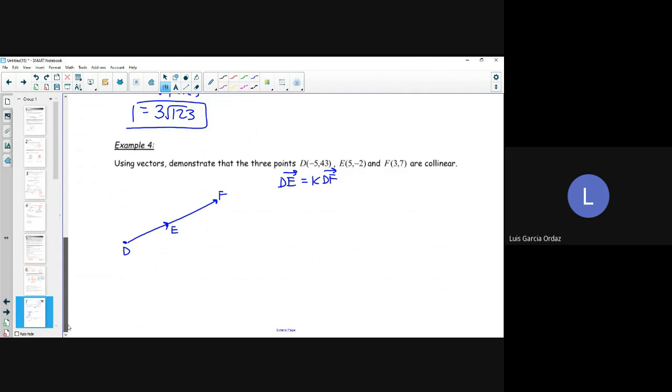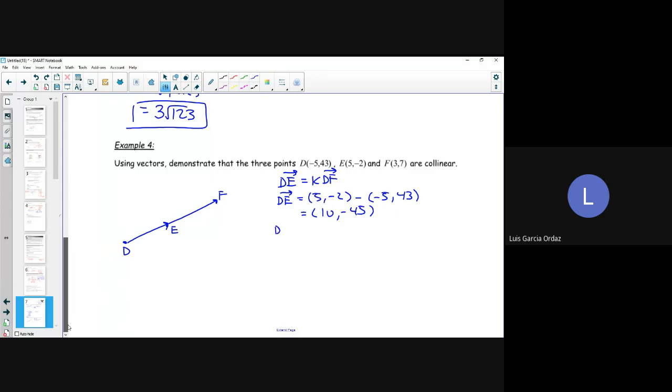So first of all, I need to figure out what my vector DE is going to be. So vector DE is going to equal (5, -2) subtract (-5, 43), which gives me a result of (10, -45). Now, I need to figure out what my vector DF is going to be.